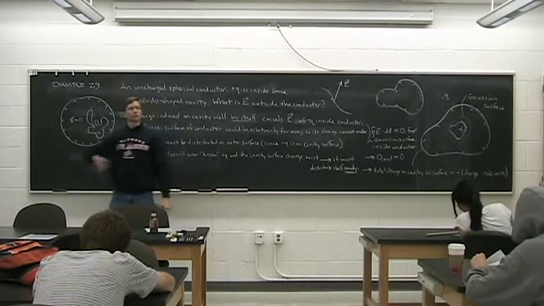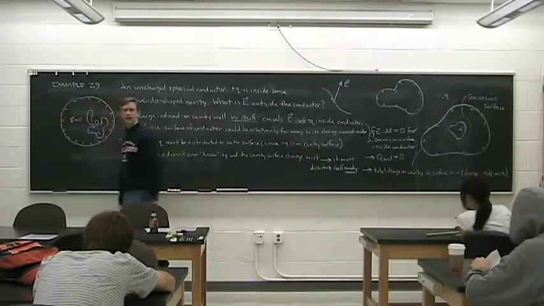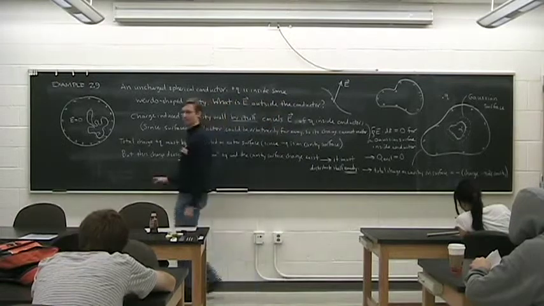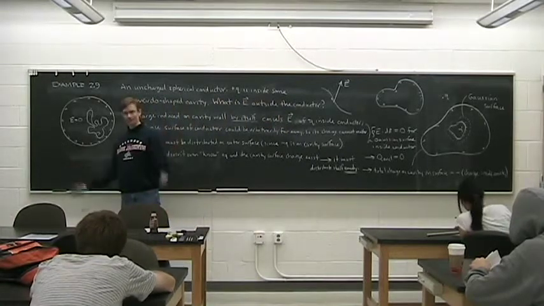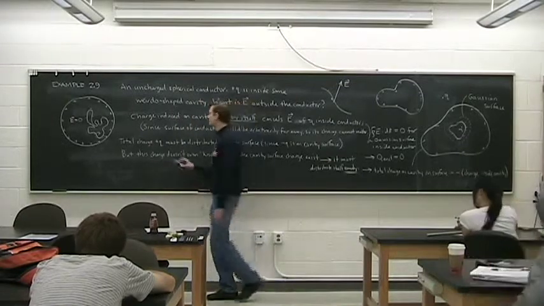So now we've got a uniformly charged spherical shell. What is the field outside of a uniformly charged spherical shell? Yeah, right. It's just like it would be for a point charge at the center of the sphere.